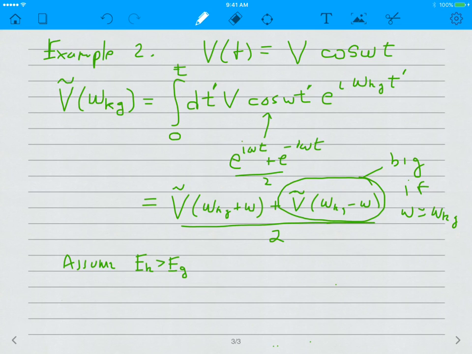Okay, so our final answer then is that B tilde of omega kg is approximately sinc of omega kg minus omega t over pi.